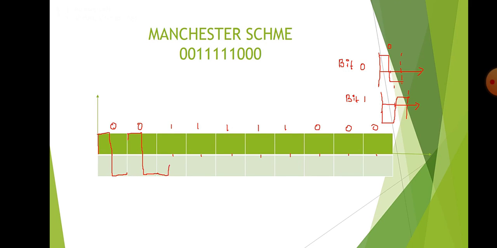The next bit is 1, the next bit is also 1, 1, 1, 1, then 0, 0, and 0. So now you can join the lines.